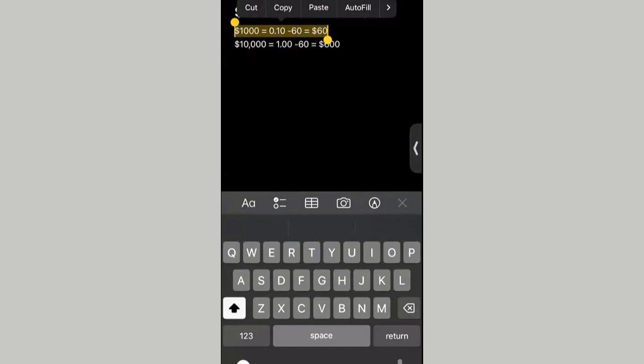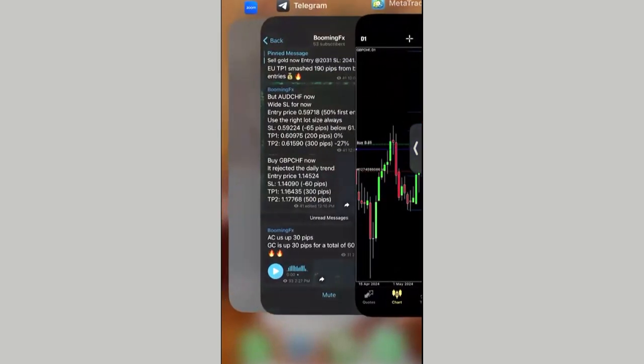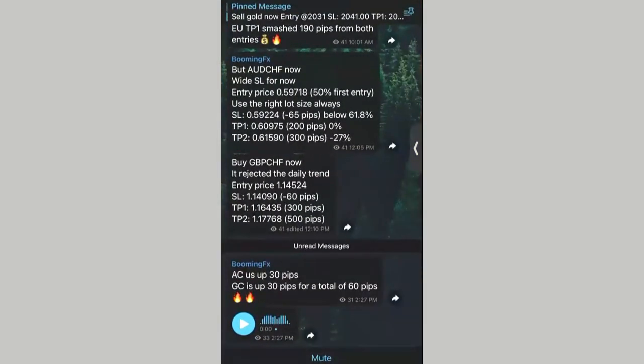That's $60. So for this trade that Mino called GBPCHF, you're going to be risking 60 pips to make, for TP2, 500 pips. So you're risking $60 to make $500. You know what I mean? But then if you had a $10,000 account, you'll be risking $600 to make $5,000.